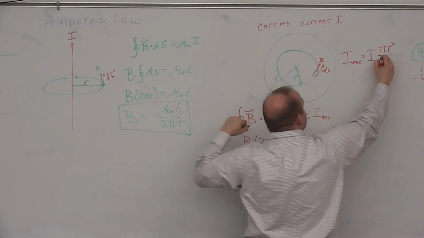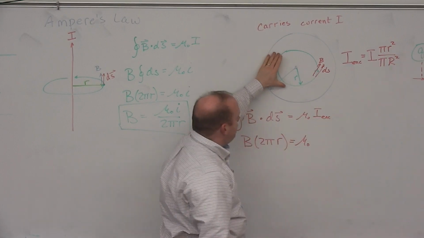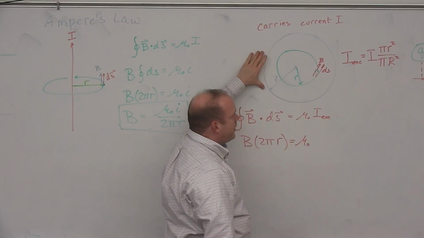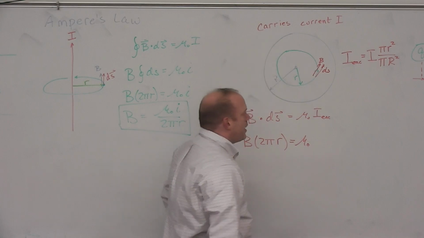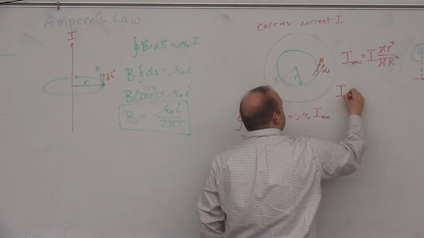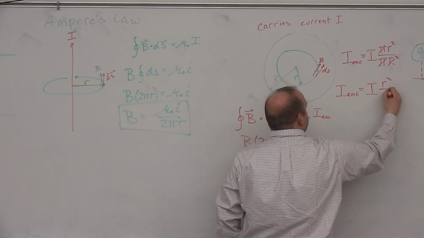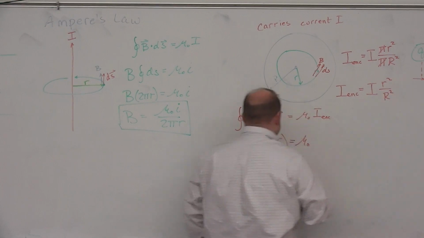The area of the whole thing is pi big R squared. So I want the area of what's inside to the area of the whole thing. That's going to give me I enclosed. Pi drops out, so I enclosed will equal I little r squared over big R squared.